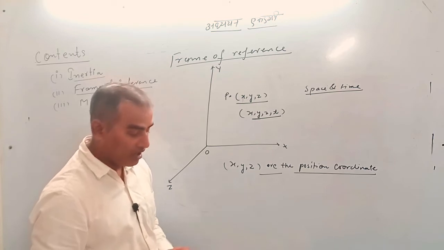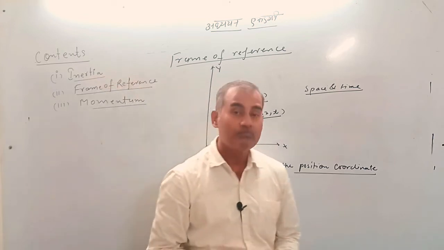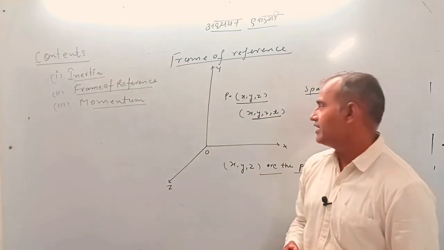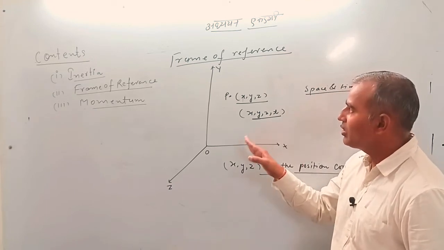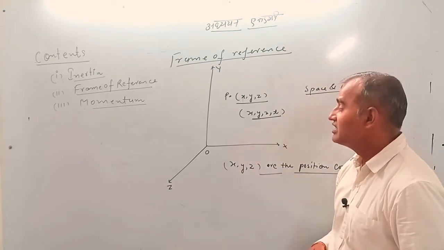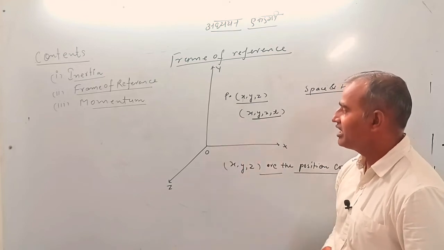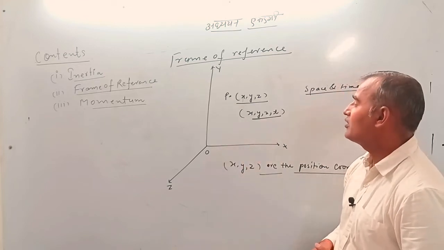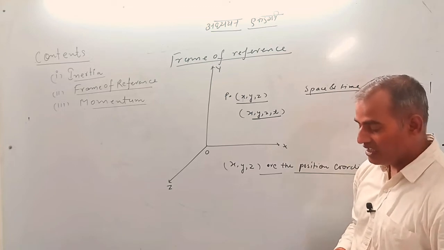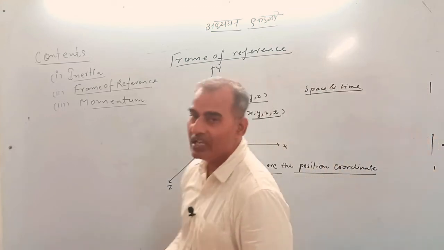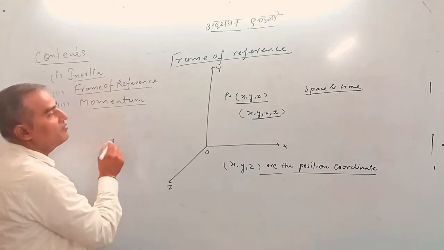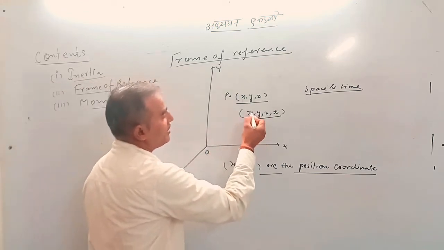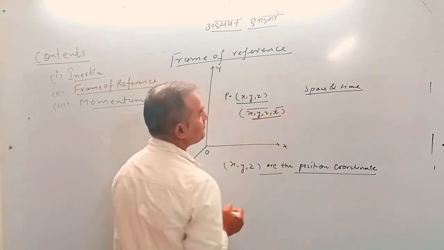Means a coordinate system with time coordinates is known as a frame of reference. This is the 3-dimensional Cartesian coordinate plane, and for defining the motion we require space and time, so our coordinates are X, Y, Z and T.